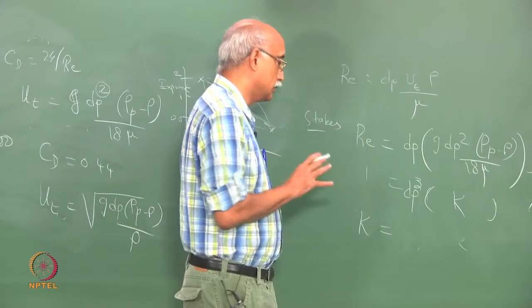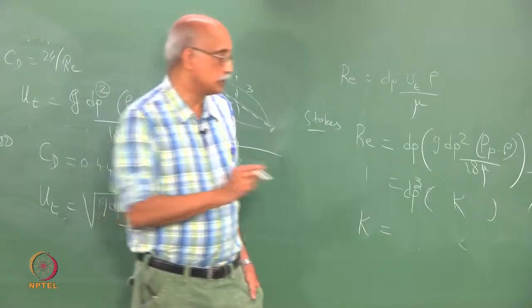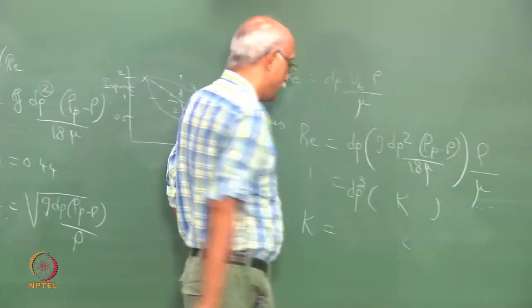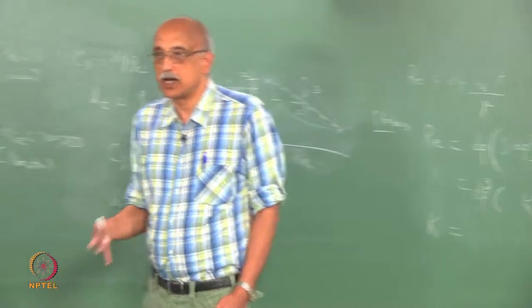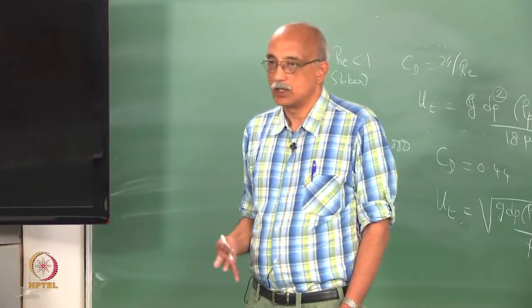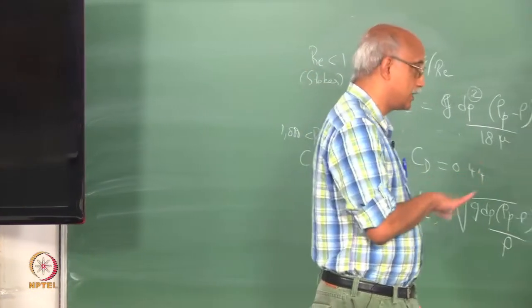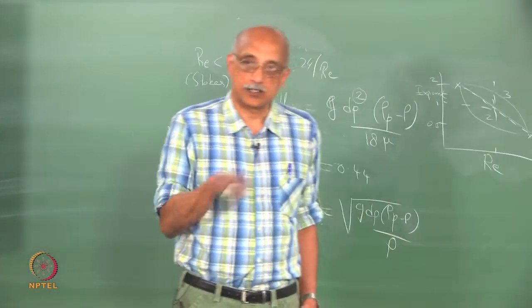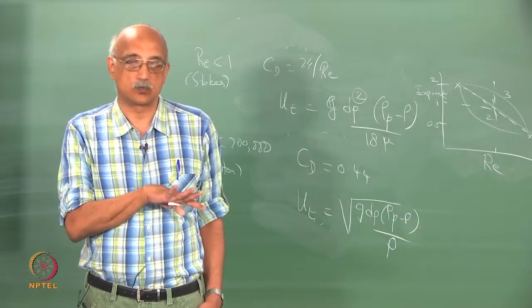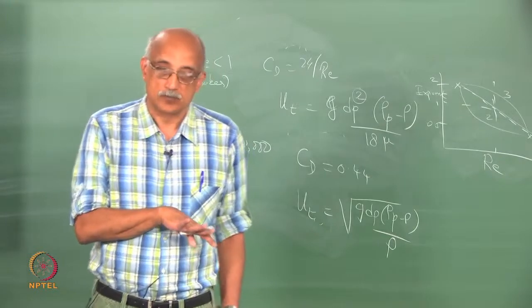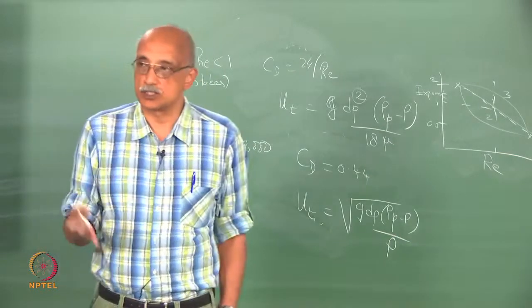Once you know the corresponding values for the other parameters in this expression, you can calculate a value of k, and as long as the value of k corresponds to a Reynolds number of 1 or smaller, you know that you are in the Stokes regime.